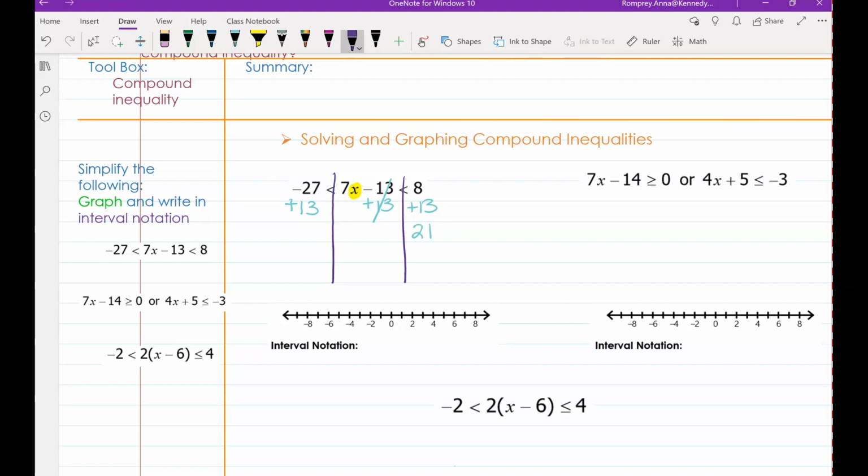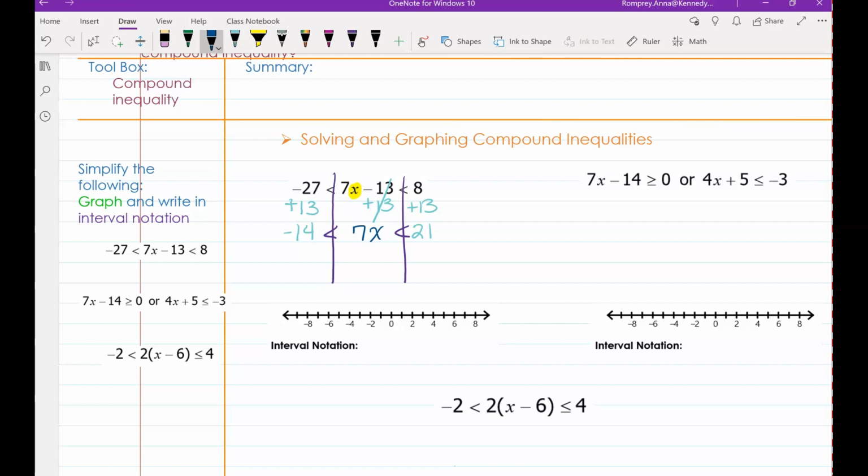I'm just bringing down the inequality signs. Negative 27 plus 13, more negative, so it stays negative, negative 14, and just bring down our 7x, or 7 times x.